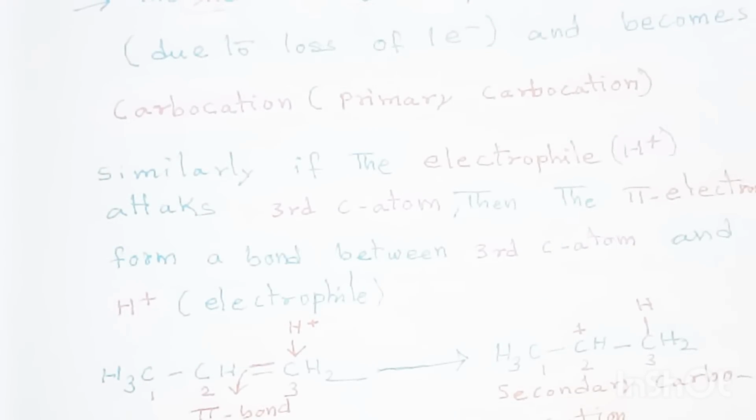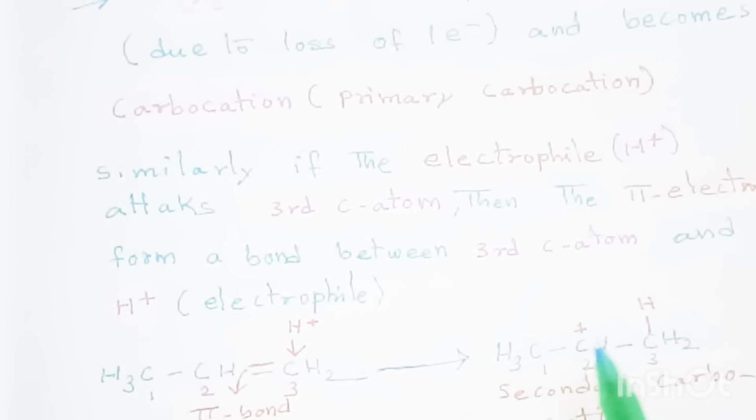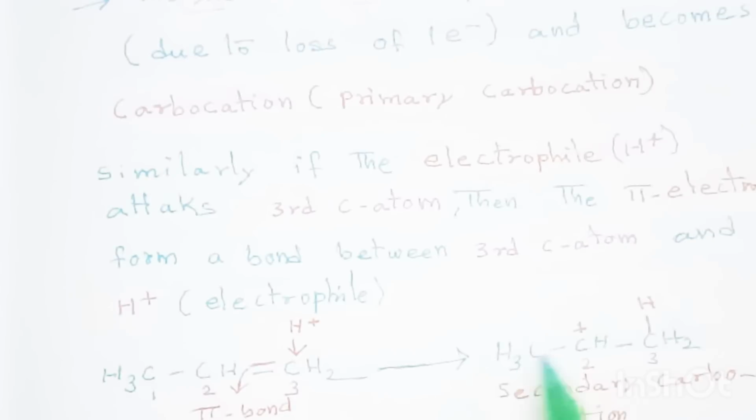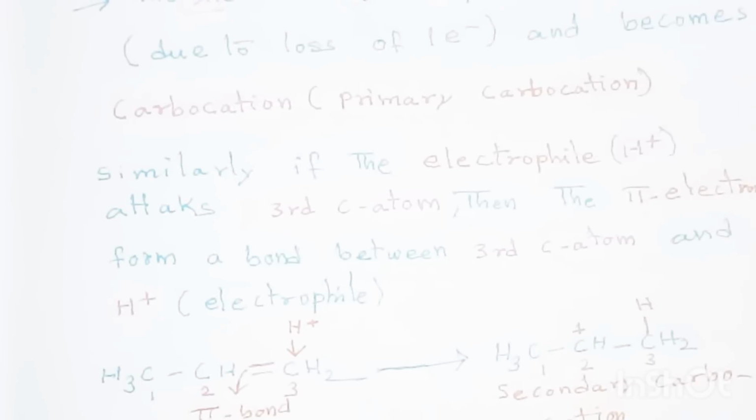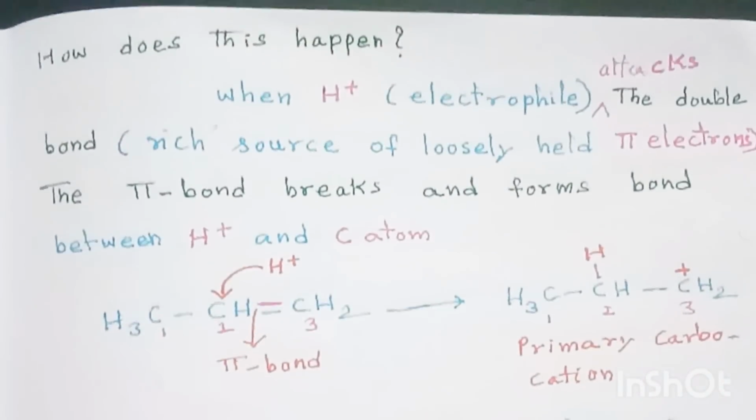I hope you understood this point. This is the secondary carbocation because the positive charge is on the second carbon atom. This carbon atom is attached to two other carbon atoms, so it is called secondary carbocation. This secondary carbocation is more stable.